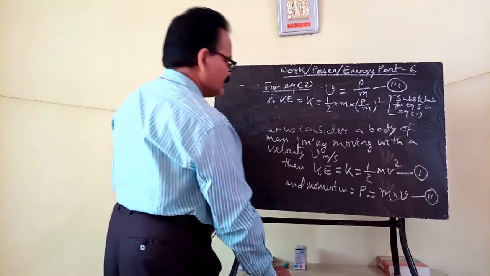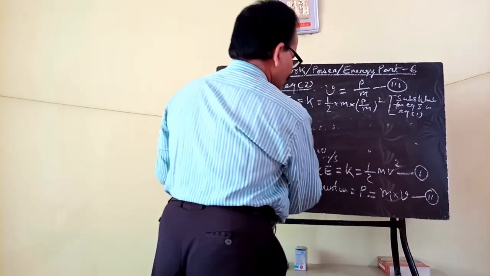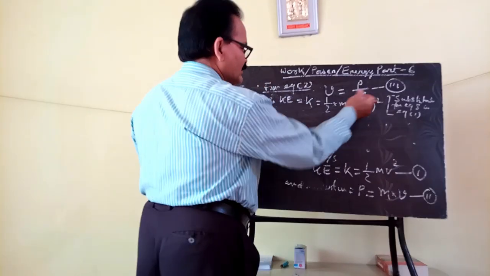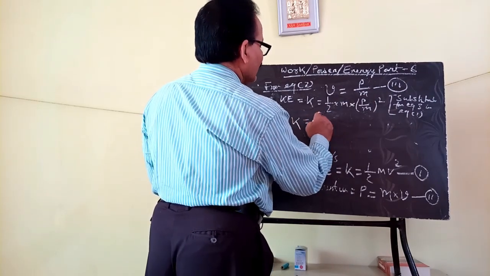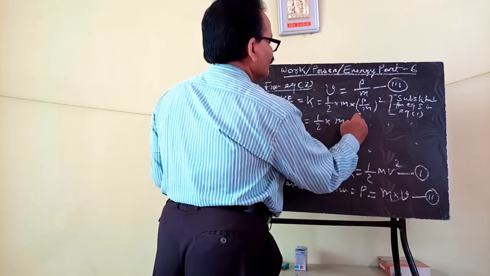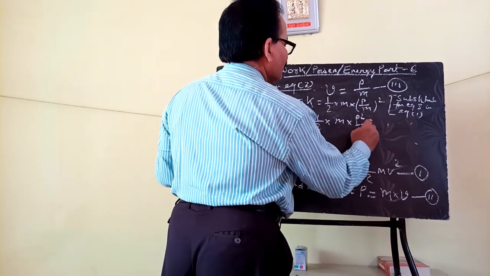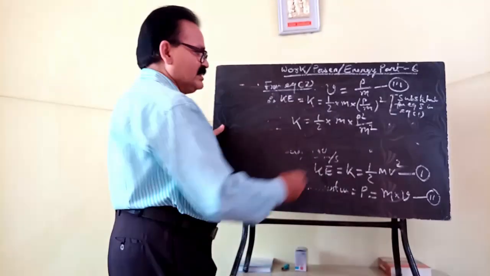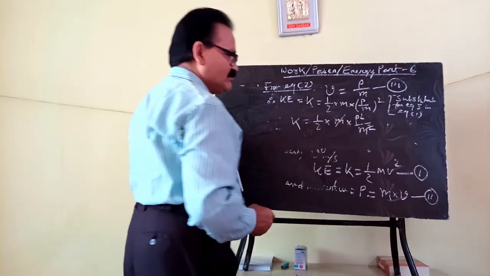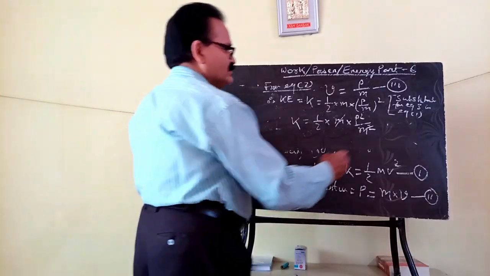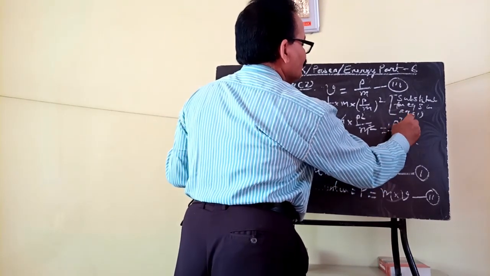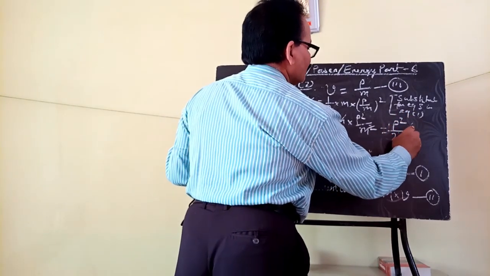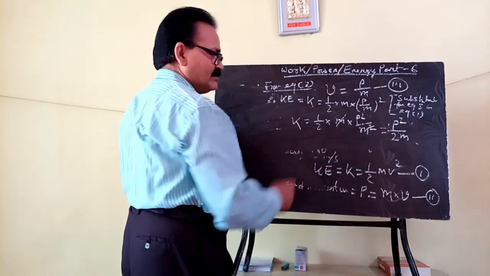Okay, clear? So after that, you just make the square, that is kinetic energy K equals half into m into P square by m square. Now this m and one m cancel each other. So what will be the answer? That is P square by 2m, because 2 is here and one m is here.